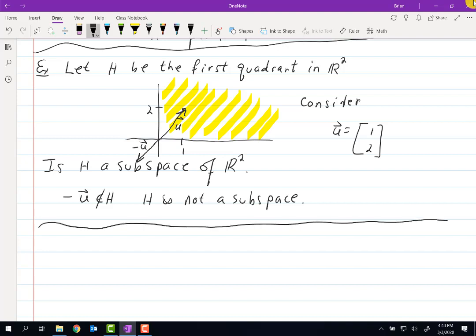All right, well, let's try another one. This time, let H be the union of the first and third quadrants.